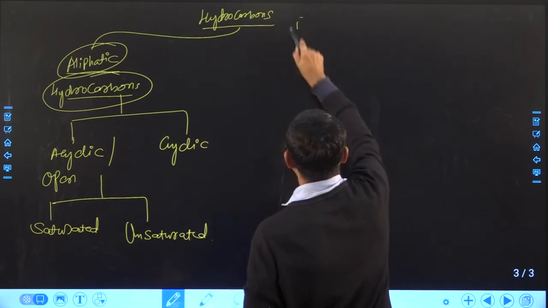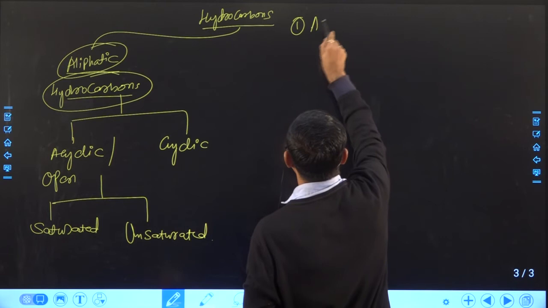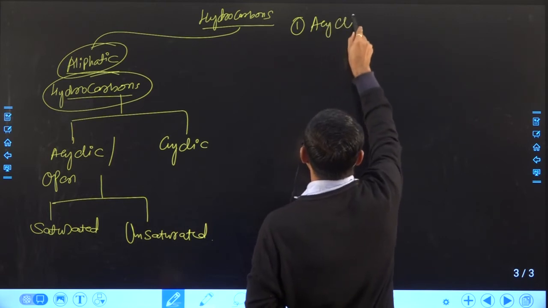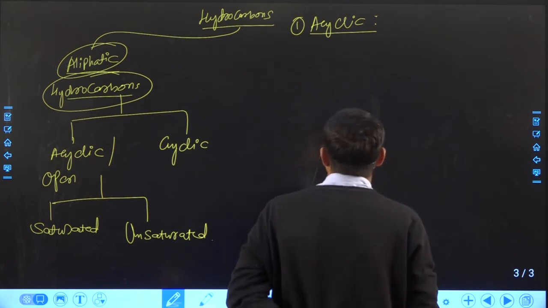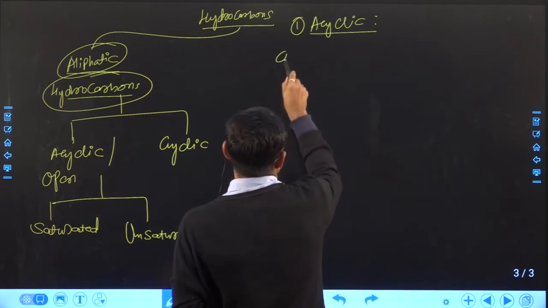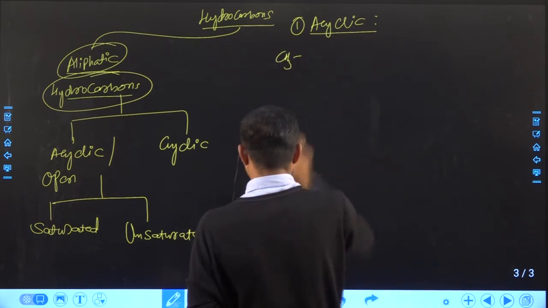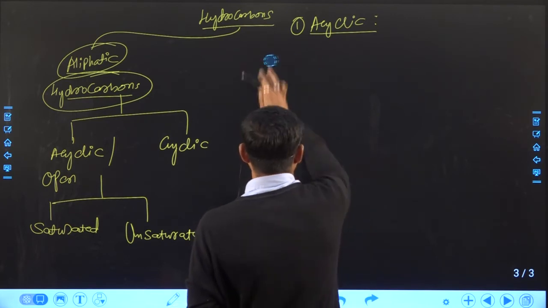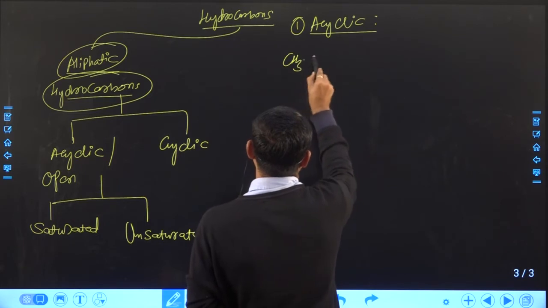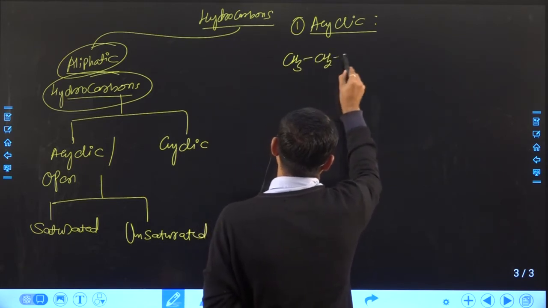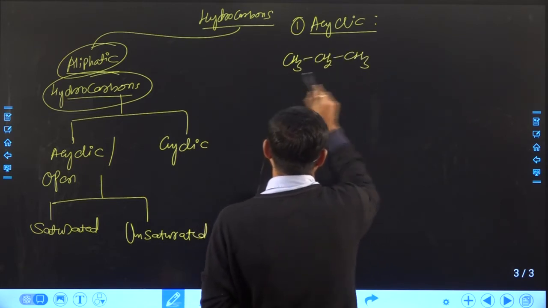First category, that is acyclic. Suppose I draw one compound: CH3, CH2, CH3.